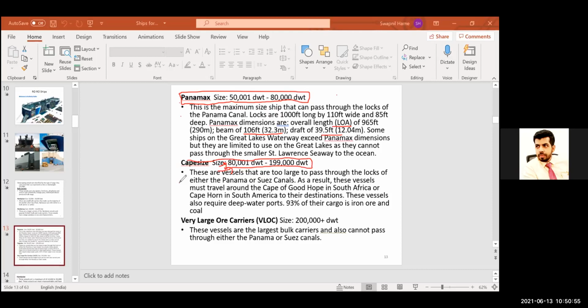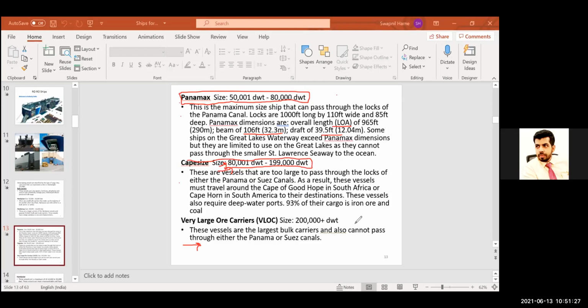Okay, and anything which is more than 199,000 deadweight is a VLOC, very large ore carrier. Now for these very large ore carriers, you may have heard a terminology called Valemax. Valemax has a size of almost 400,000 deadweight, meaning 4 lakh metric tons of deadweight.